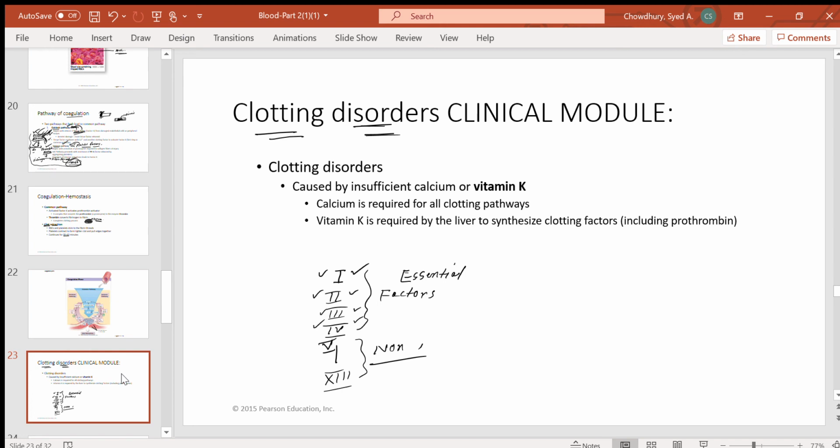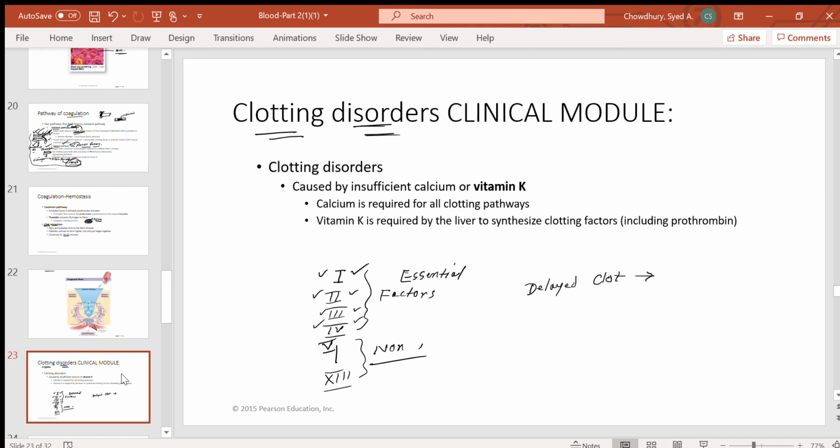So if you have a lack of clot factors in your blood, that will cause abnormal bleeding. Makes sense? And that happens. Delayed clot formation will increase or prolong the bleeding. So that is one condition.